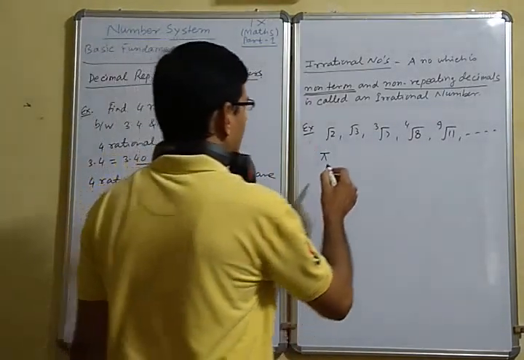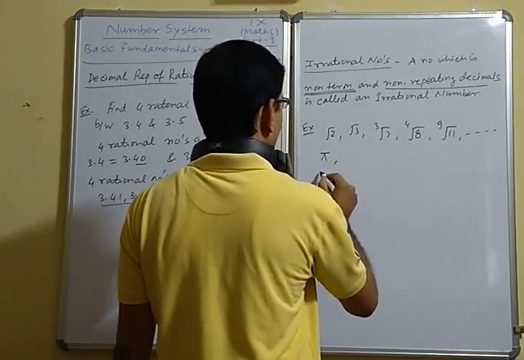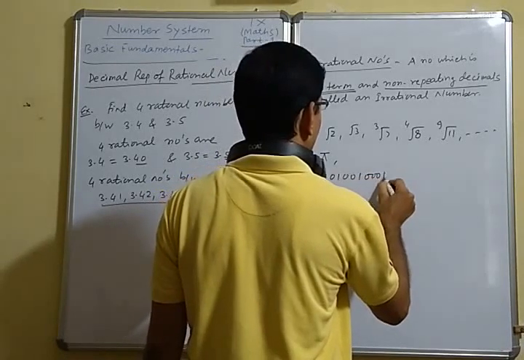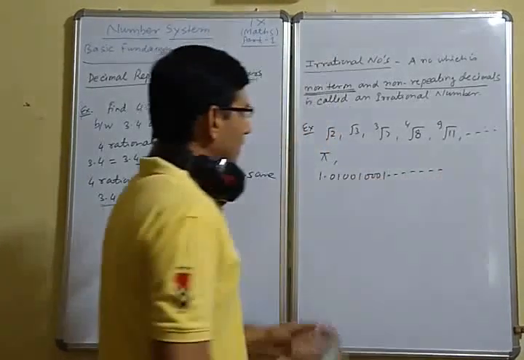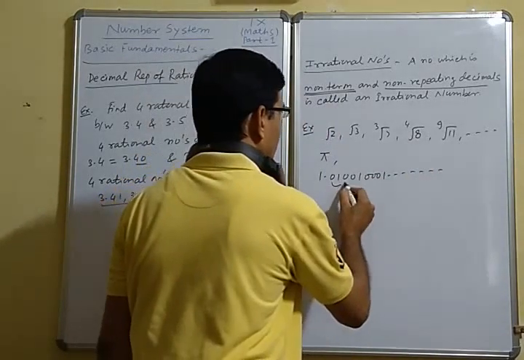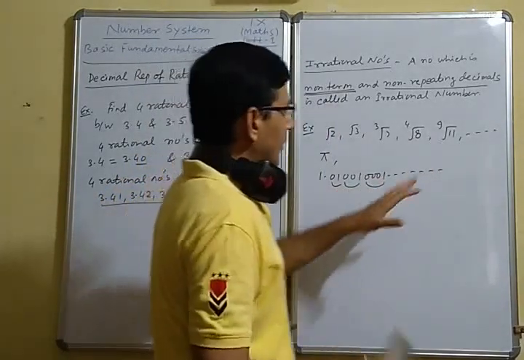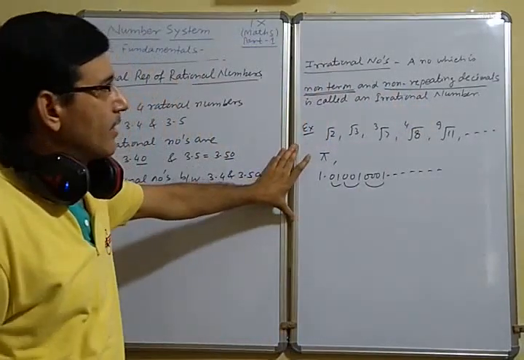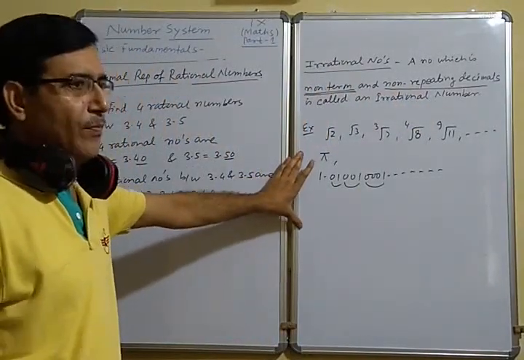Now the next example, 1.01001000100001 and so on. This is non-terminating and non-repeating, no repetition. So that's why it is called an irrational number.